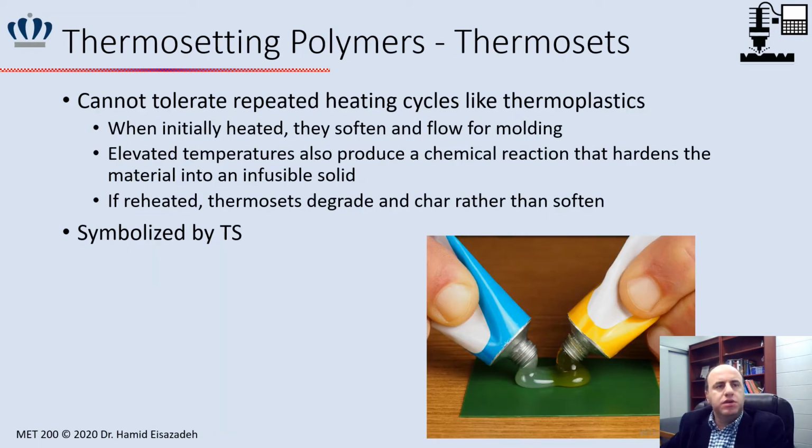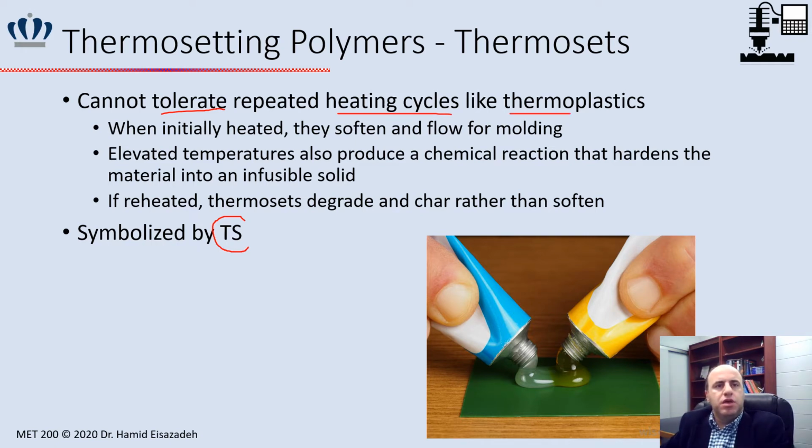The next group is thermoset material, and again, similar to thermoplastic, we have a symbol for this material, which is TS. And this material cannot tolerate repeated heating cycles like the previous category, thermoplastic.